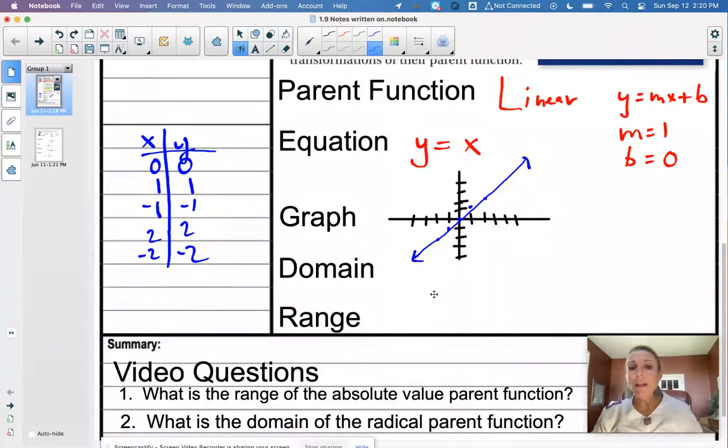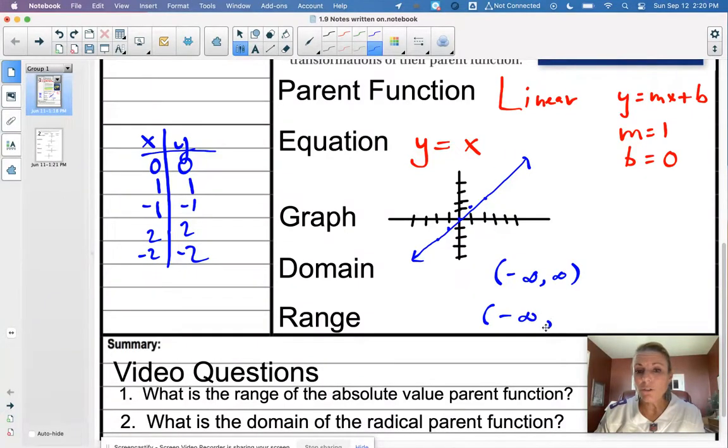When we're talking domain and range, the domain is going to be -infinity to infinity, and the range is also -infinity to infinity. When we're talking about domain, we're looking at what happens on the graph when we go from left to right. And when we're talking about range, we want to talk about what happens when we go down to up.